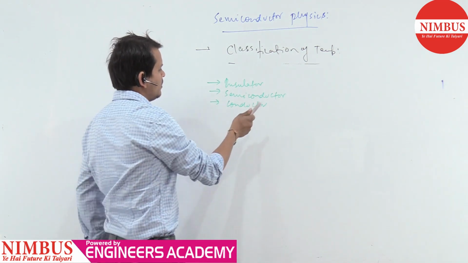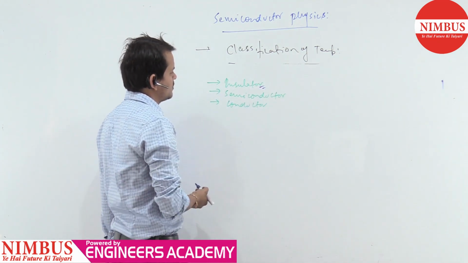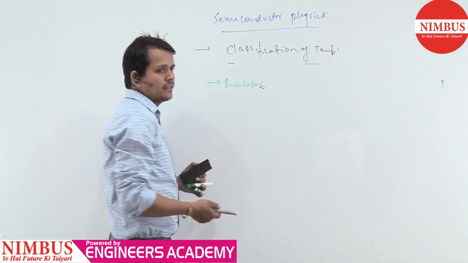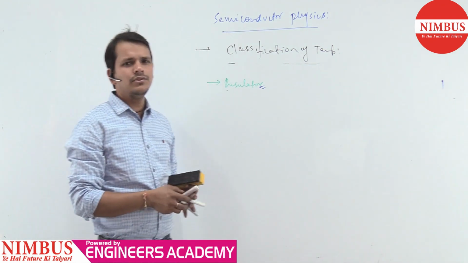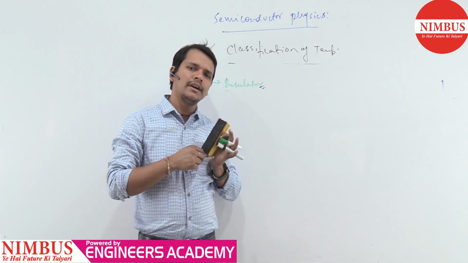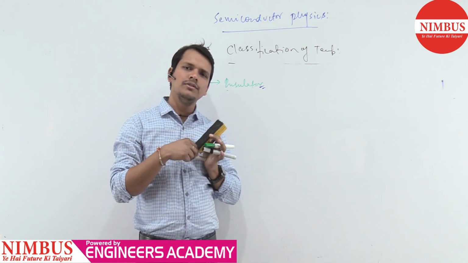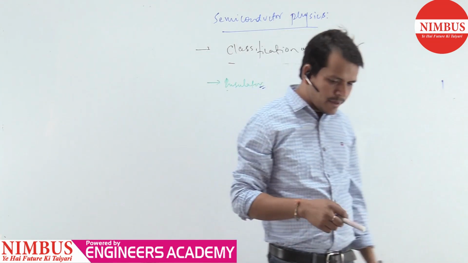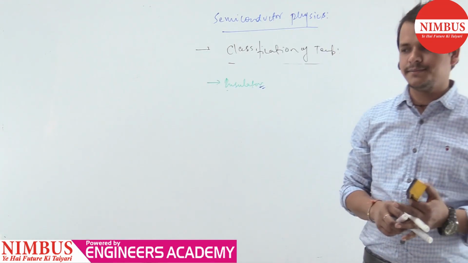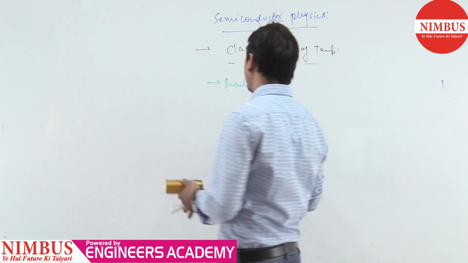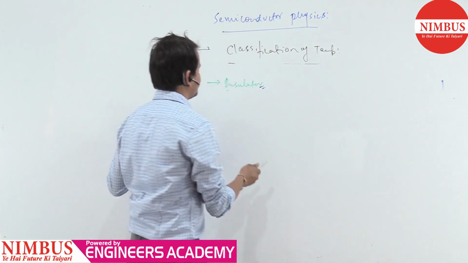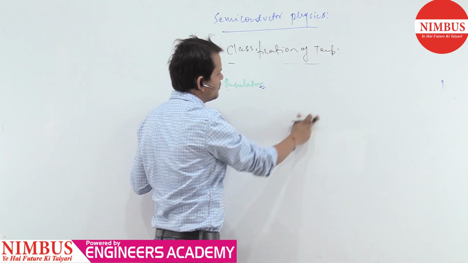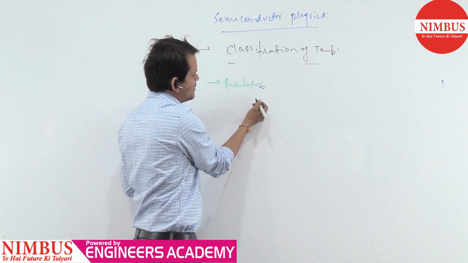Okay, now try to understand insulator. What is insulator? As you know from the 12th class, insulator is the material which does not allow the flow of any current. In an insulator we don't have any free charge carrier, and because of the absence of free charge carriers, we expect that there is no conductivity.